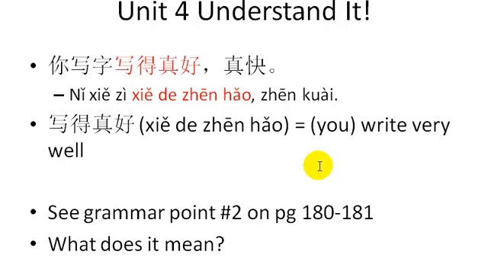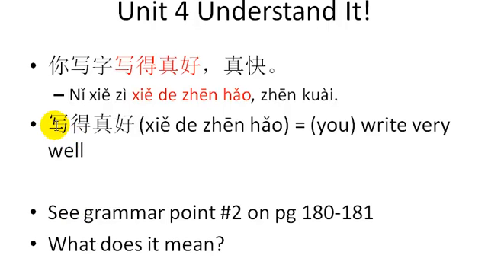Alright. Next we have 你写字写得真好真快. So we have this repeating of the verb with the second part of it adding an adverb to it with the 得. 写得真好. You write very well.